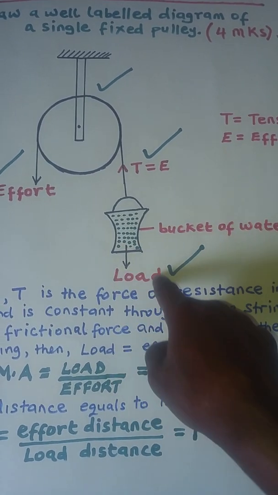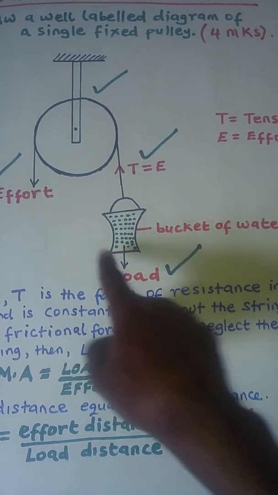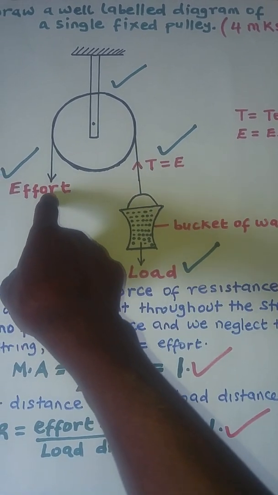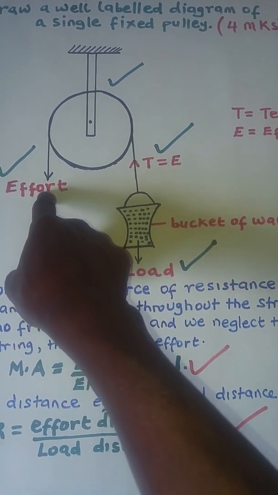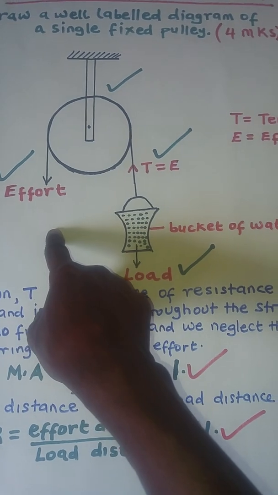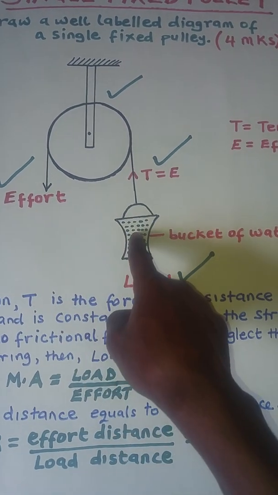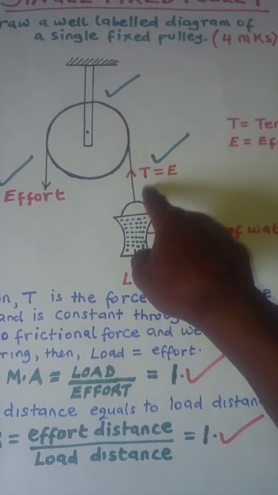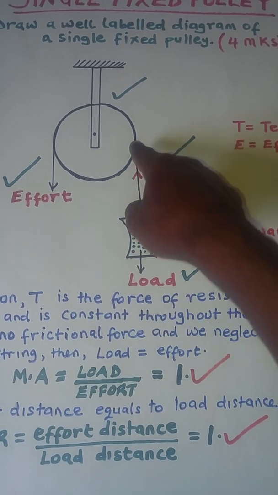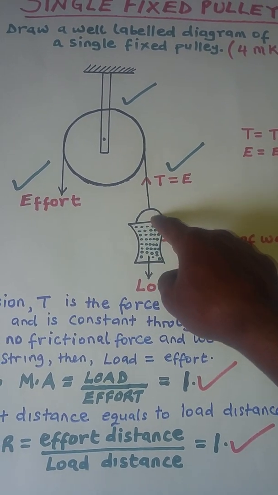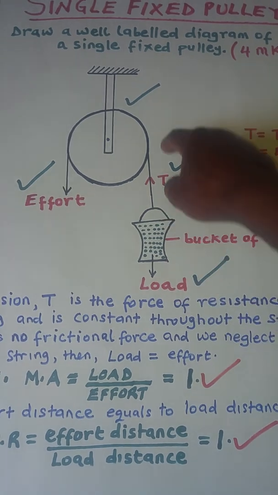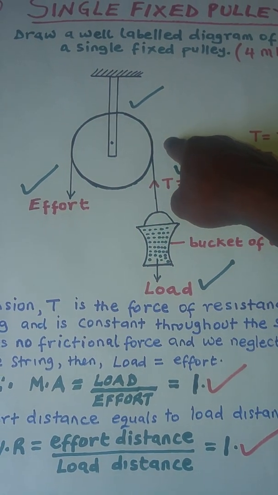So the load is pulling downwards. But you are applying the effort from this side. So as you apply the effort down, what happens? Much as the load is also pulling down, this force, tension, is making the rope tight and is able to take this bucket up. So this is a single fixed pulley.